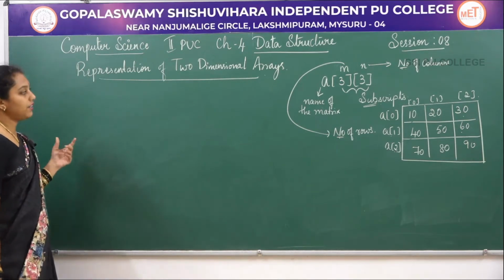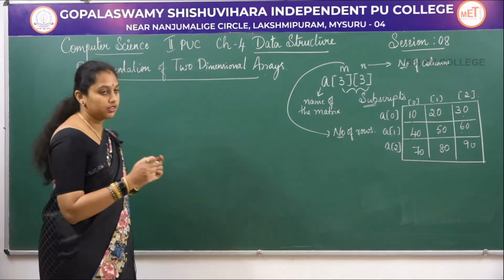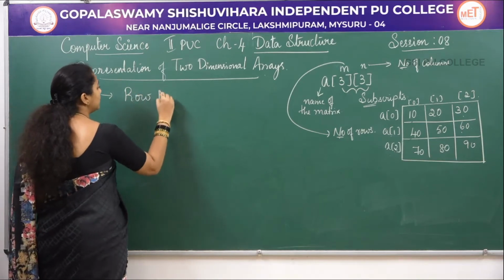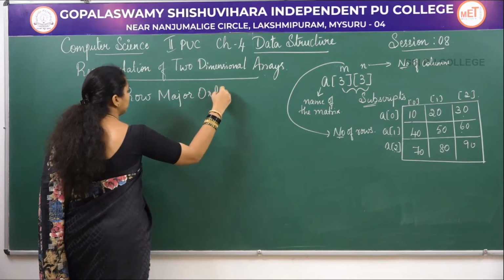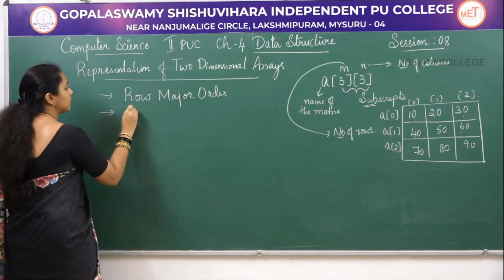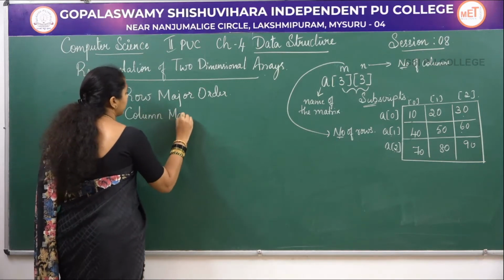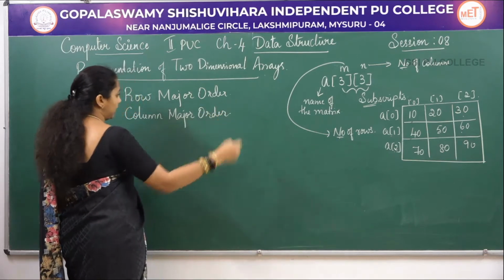So here we can represent two-dimensional arrays in two ways. The first one is row major order and the second one is column major order.